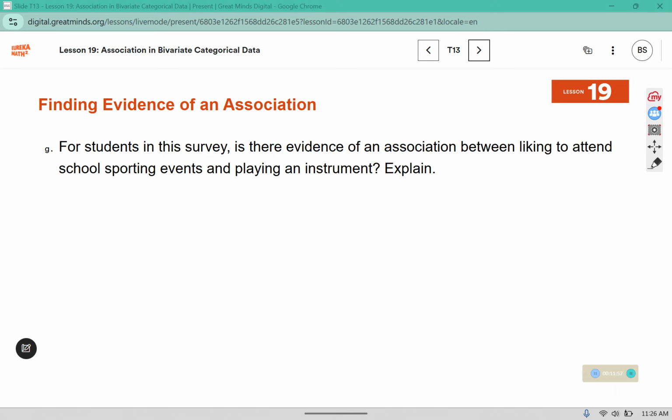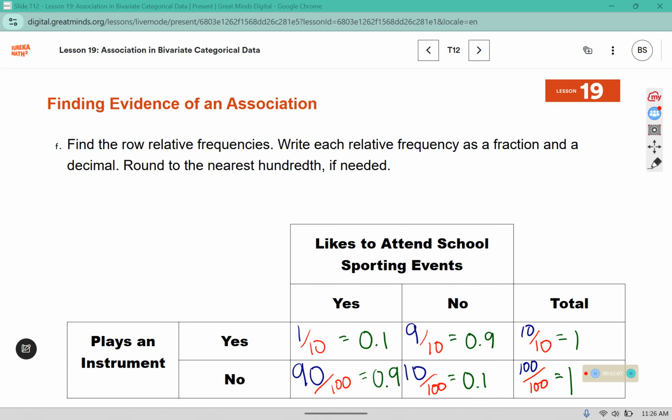G says, for students in this survey, is there evidence of an association between liking to attend school sporting events and playing an instrument? Explain. Well, yes. In this survey, the students who play instruments and students who do not play instruments have different relative frequencies for attending the sporting events or not.